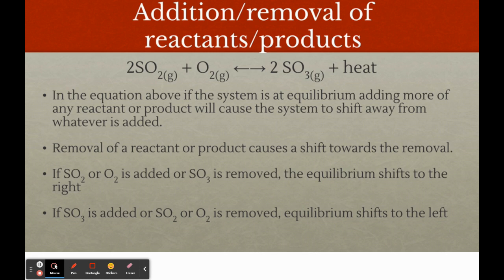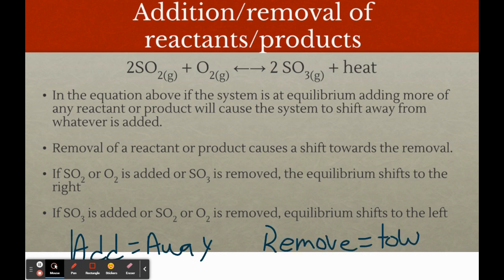So what I want you to do is write in big letters, add equals away, and remove equals towards. So this will help you remember which way things are going to shift. Anytime you add something, it will shift away from what is added. Anytime you remove something, equilibrium will shift towards what is being removed.